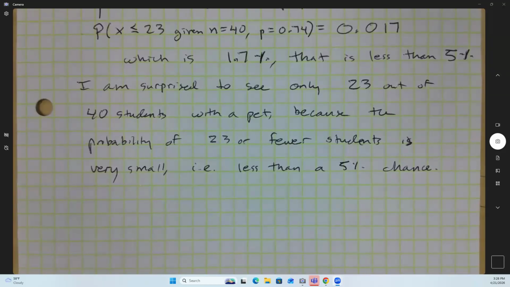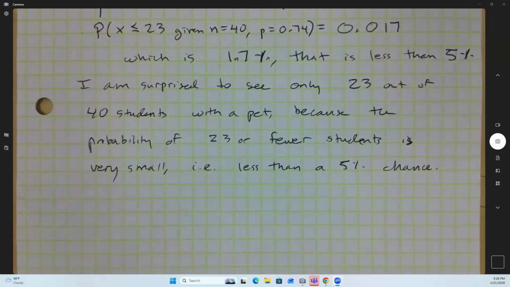Maybe it's students who are all planning to be flight attendants, and it's hard to keep track of a pet if I'm traveling all the time. There might be something interesting about those 40 students that makes it worth asking more questions, which is one of the main reasons we do statistics. It's time to ask some more questions.